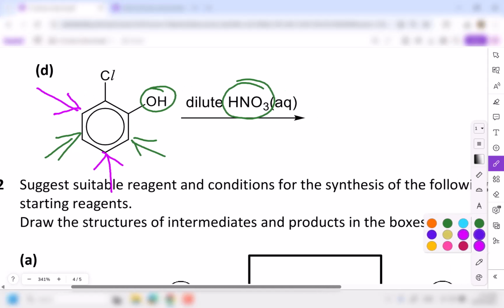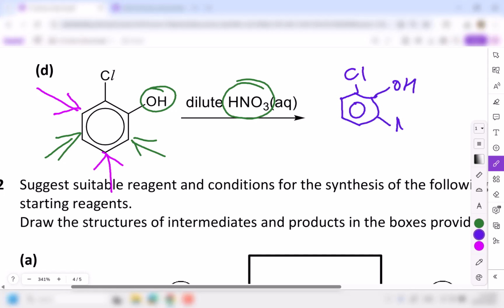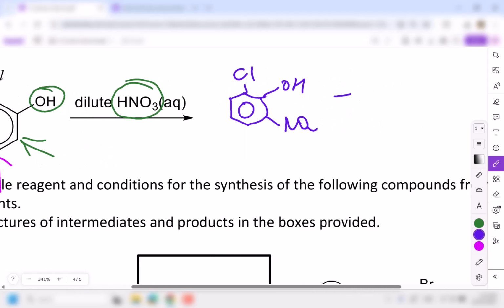Therefore, I'm going to draw only one answer. So I'm going to draw Cl, OH, NO2, as well as Cl, OH, NO2. I'm just going to draw these two answers.